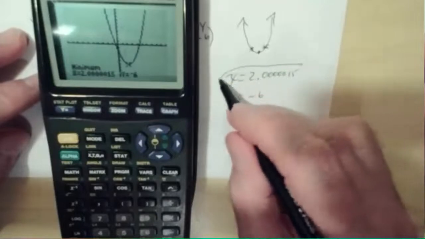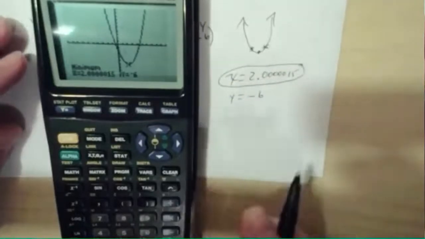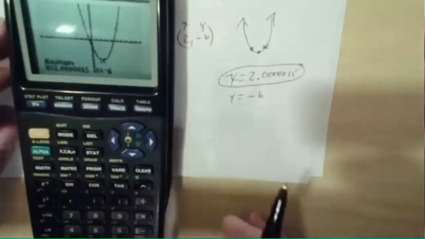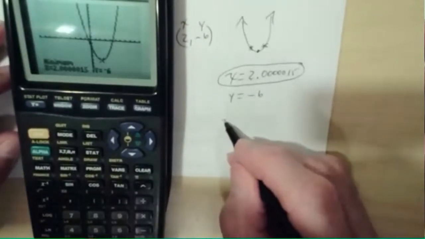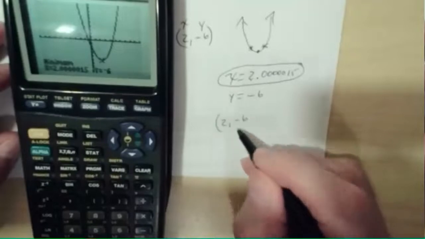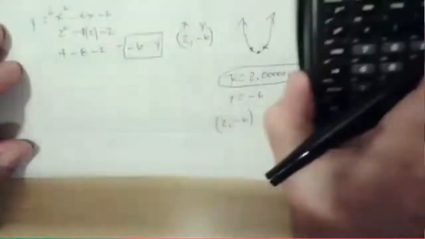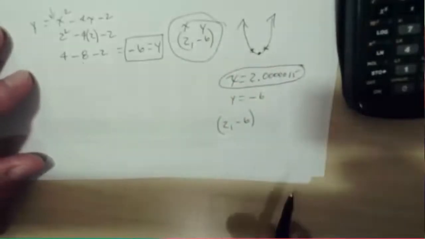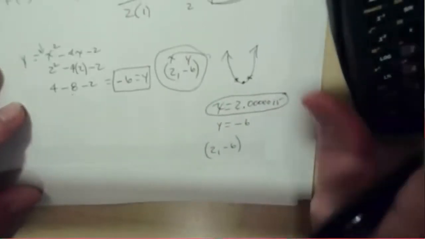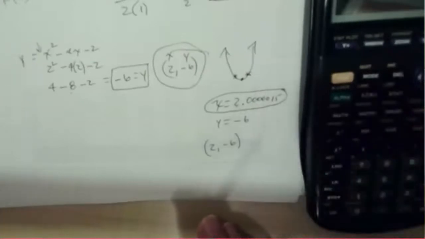Now look, this is dangerously close to what number? 2. So our vertex here is 2, negative 6, which is exactly what we came up with here. Okay, isn't that cool? Cool.